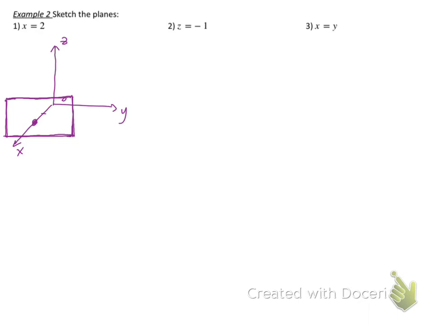Actually, if you look at the textbook, now let me use red, they show what you can still see by making the parts behind the plane dotted, and then they also shade the plane a little bit like this.